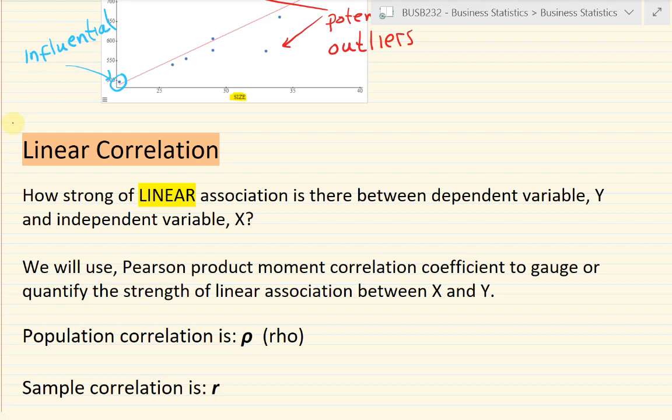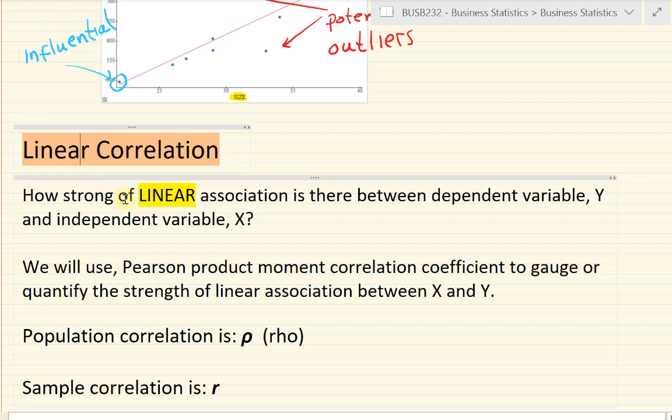Okay, so I will elaborate more on that in a few minutes, and I actually have examples of correlation and association between two variables that is not necessarily linear. So the question is, how strong of a linear association is there between x and y?